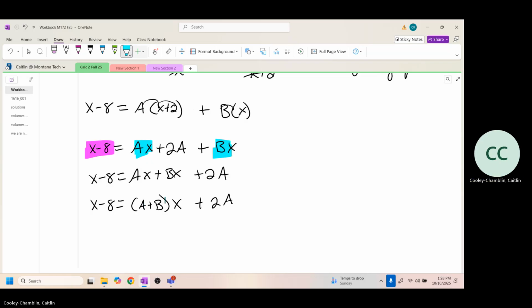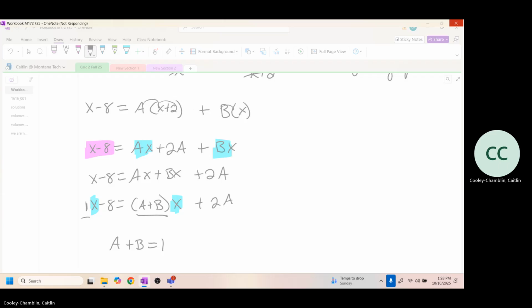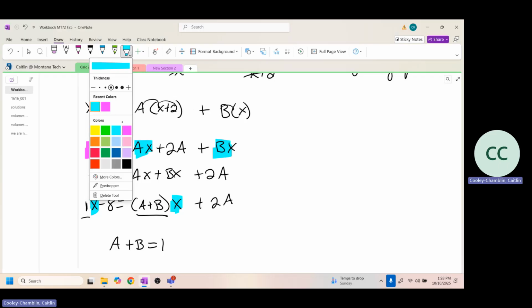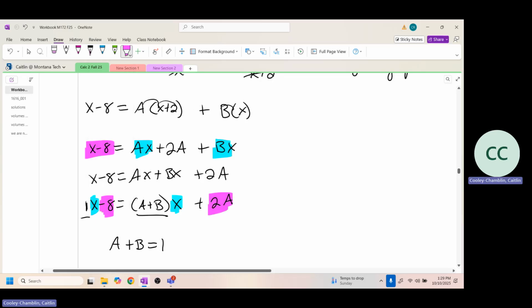And now I have something in front of my x, which technically I have a 1 here. And so I know that what's in front of my x needs to be what's in front of this x. So what I get is a plus b equals 1. And then everything that doesn't have an x in front of it needs to equal everything that doesn't have an x in front of it.